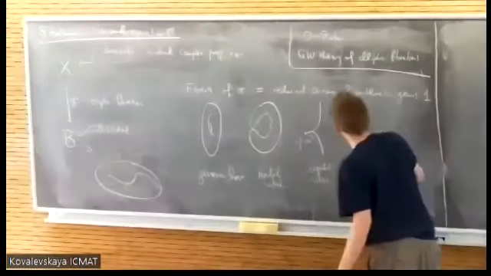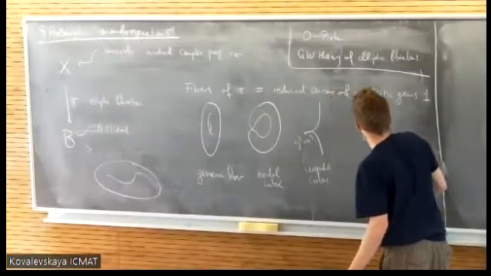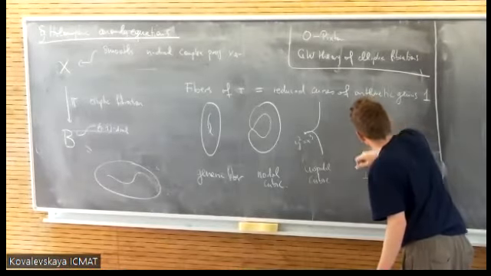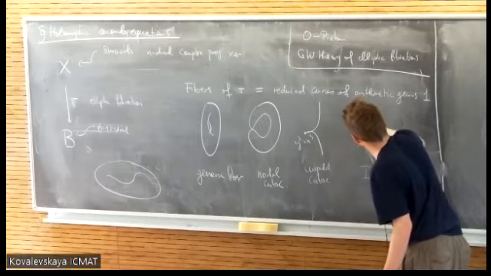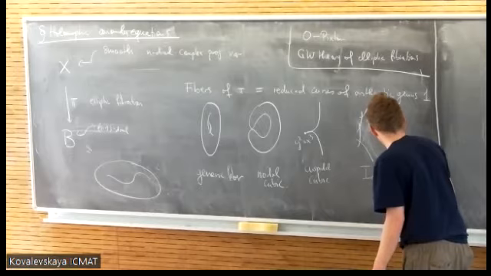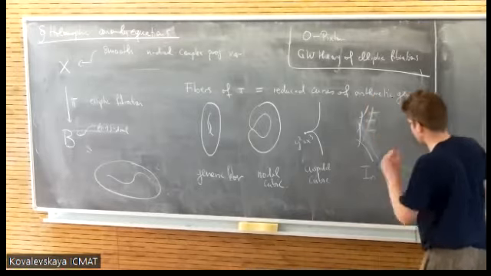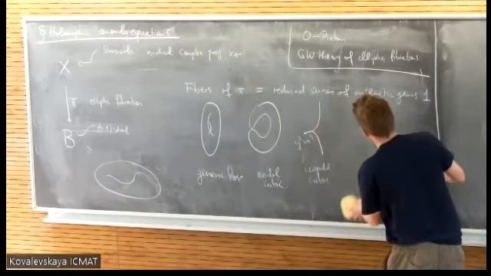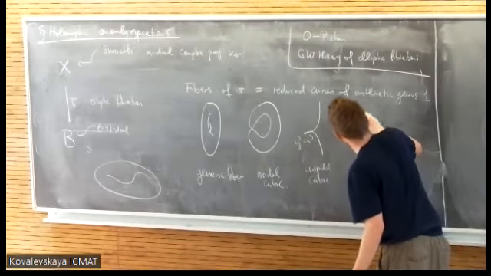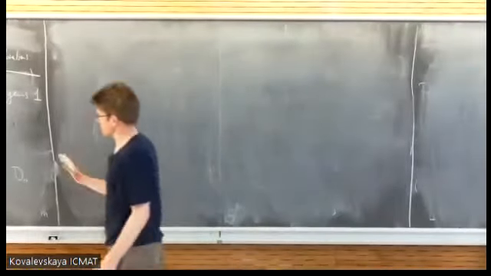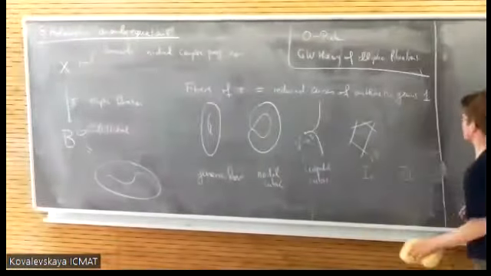So you can also have the I_n fibers, and then also the E_n. Yes, you can have more complicated ones. Maybe here I should draw this as a zero. So really there's a lot that can happen.